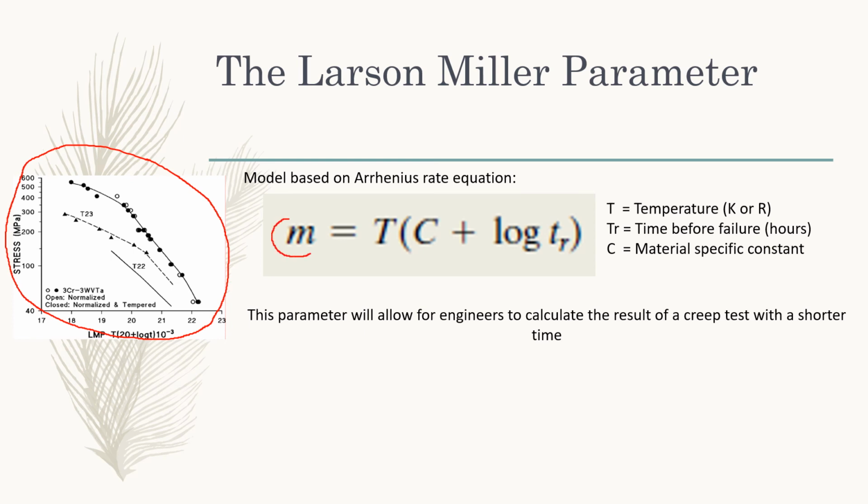M here indicates the LMP, which is equal to T times (C plus log tr), where T indicates temperature, tr is the time before failure, and C is the material specific constant. This parameter allows engineers to predict the result of a creep test with a shorter time.